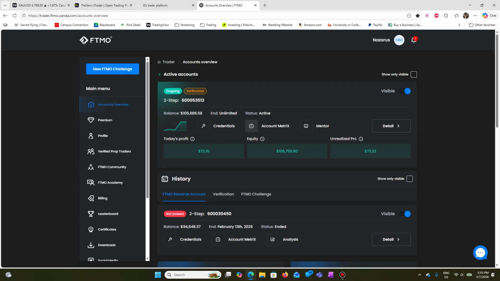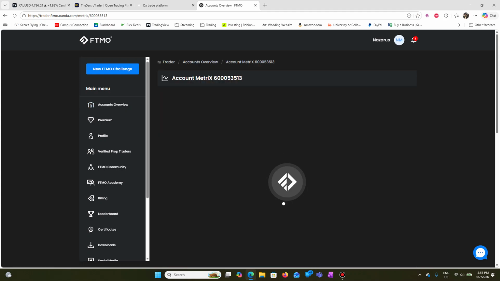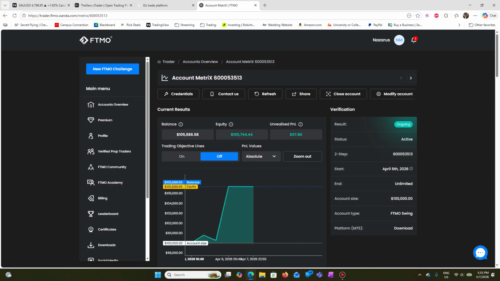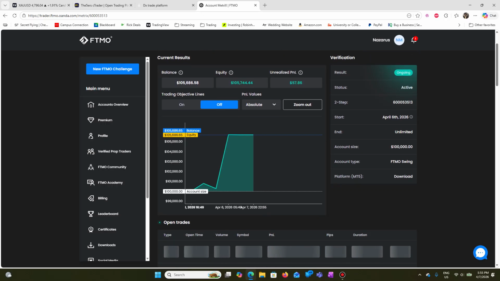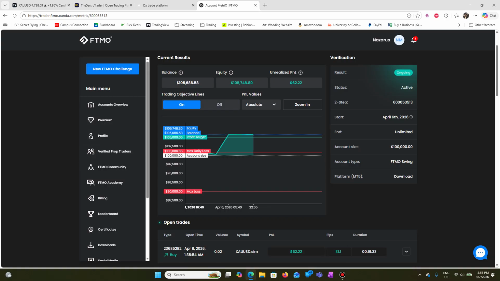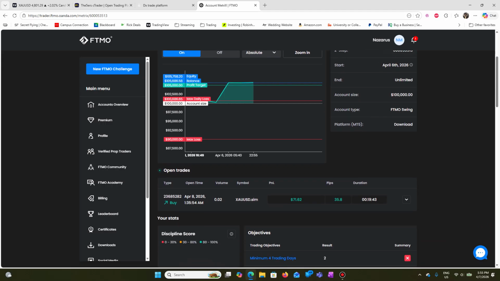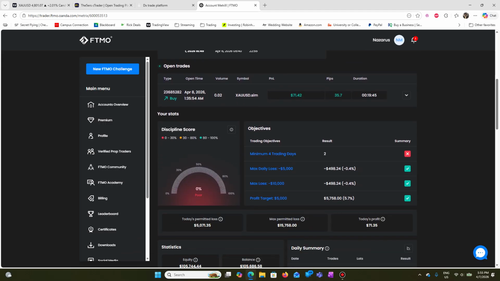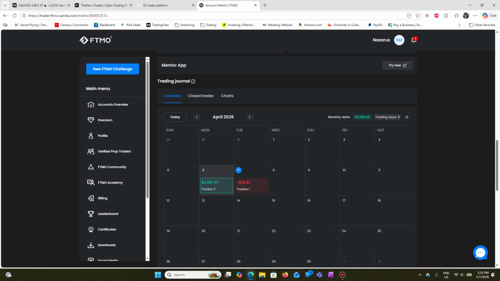Now, with our FTMO, since we've already passed this challenge, since we've made the profit target, now we're just trading to make sure that we get the remainder of our days to complete the minimum trading days. So we've done 2 days, Monday and Tuesday.